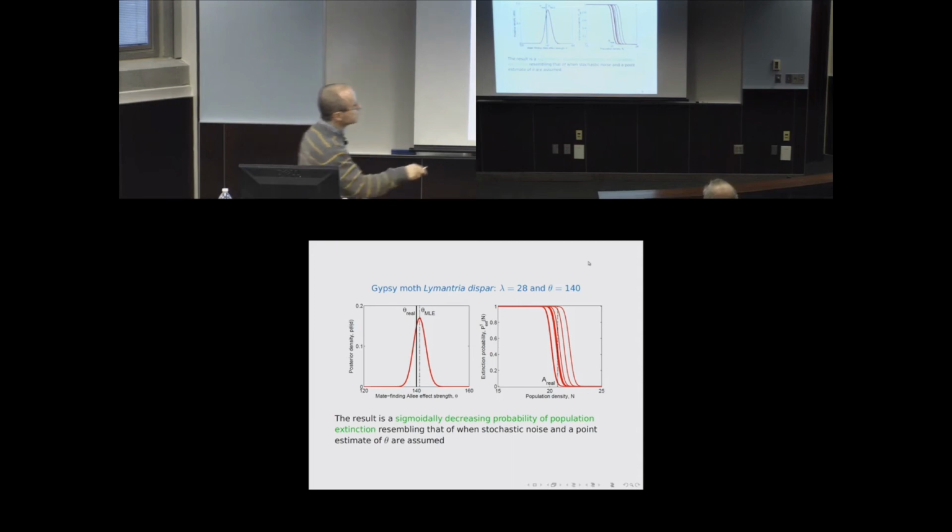The larger the slope, the larger the effect of uncertainty. So if the slope is very steep, then we can forget about the uncertainty and use the point estimate. If the slope is very large, then we need to account for the uncertainty in the estimate.